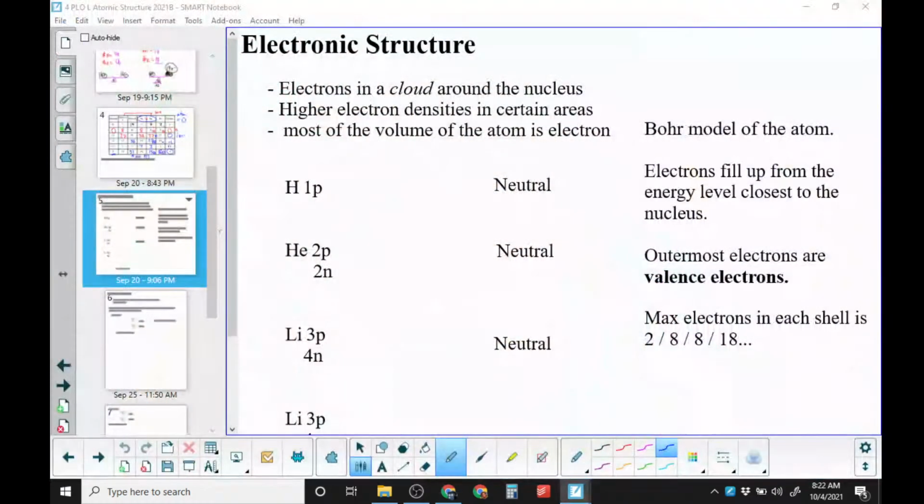Joffrey, starting off with the first one, what does the Bohr model look like?